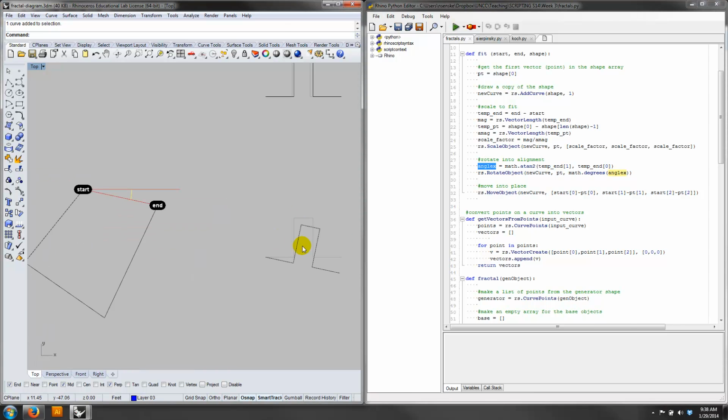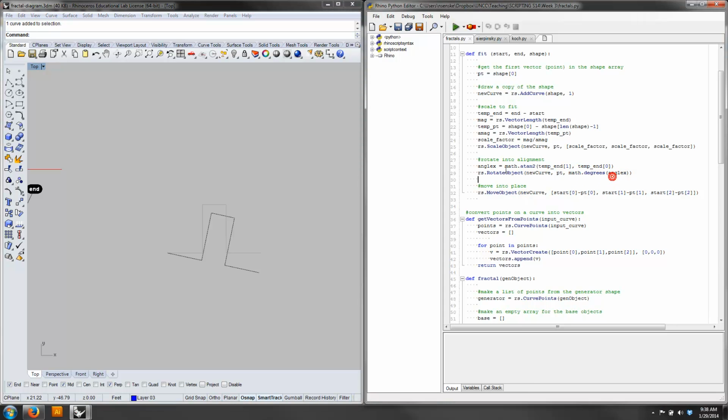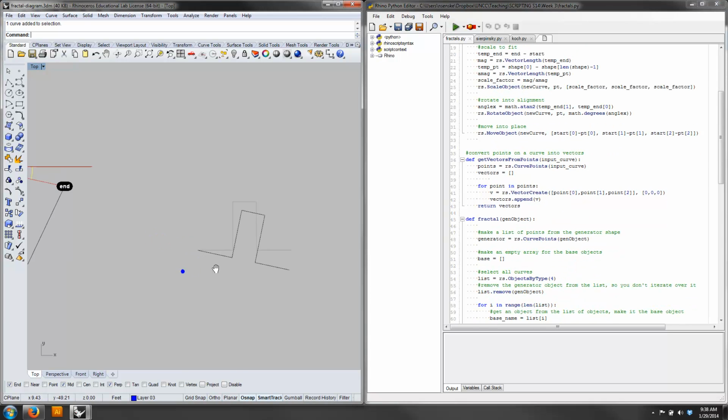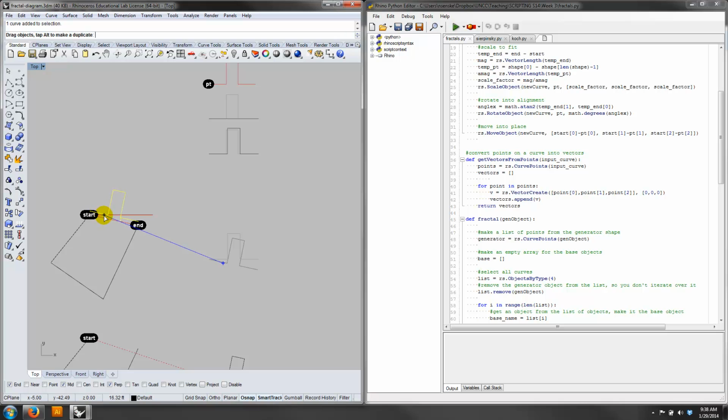Then I'm going to rotate that object starting at point, the number of degrees. It's very important to convert that to degrees because it actually comes out of this in radians, at least in Rhino. We're going to rotate that, and now you can see already that this is actually going to match up with that now. So that's the point.